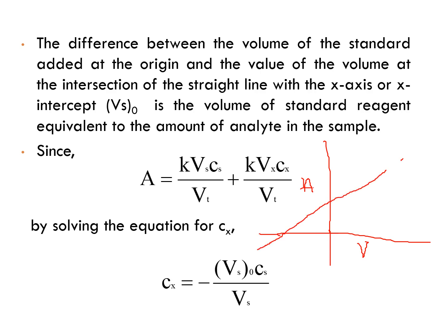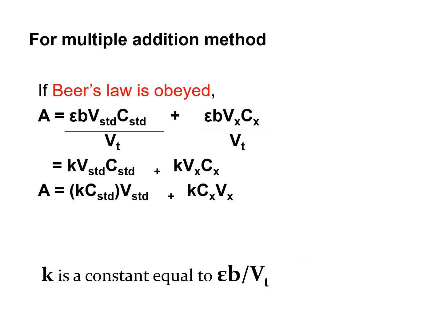So by using this technique, kita juga boleh guna this formula lah. Zero ni adalah the volume of standard at x-intercept, in which y is 0 lah. Kita ambil kat sini. So kita masukkan dalam equation pun boleh dapat the concentration of the analyte.